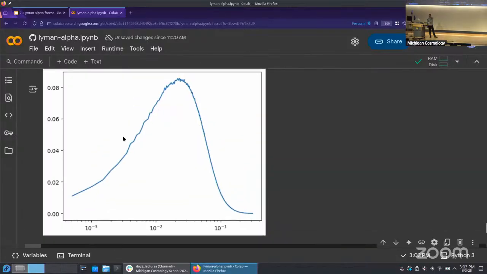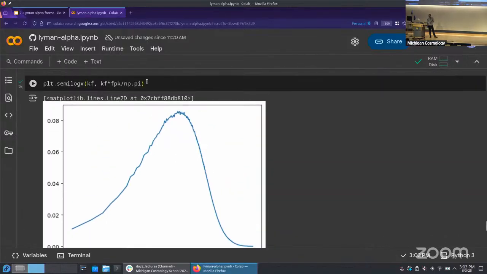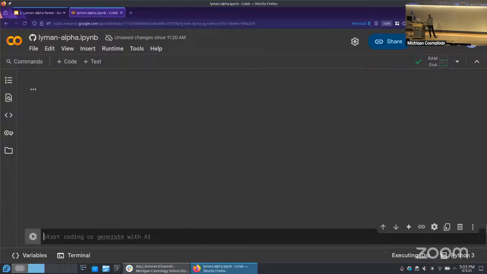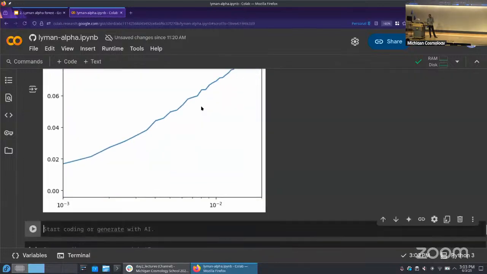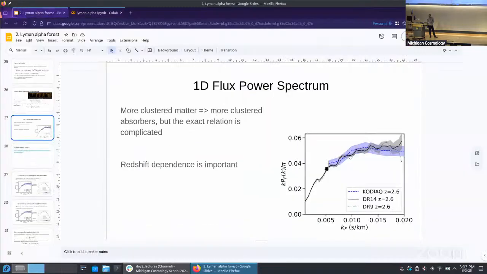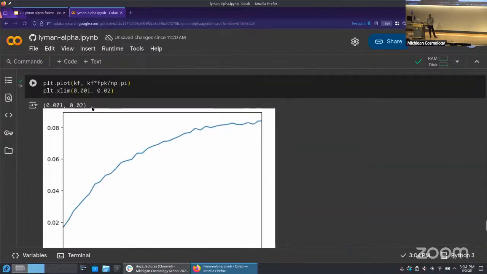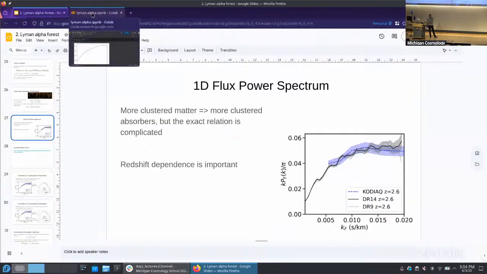Yeah, there we go. Okay, 0.001, 0.02. Yeah, close enough. It looks kind of right. This one looks kind of like that.